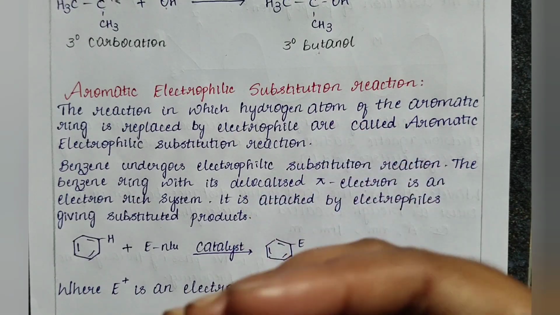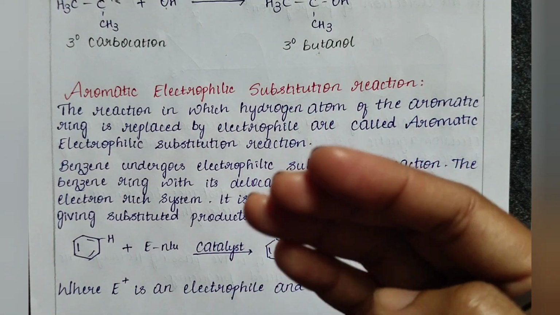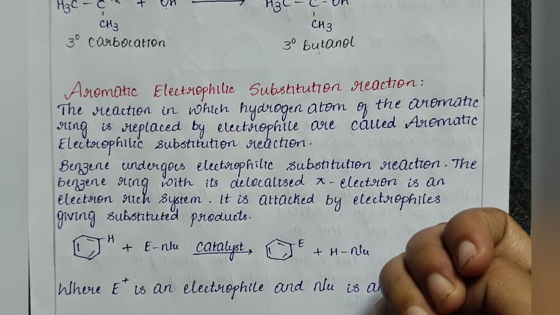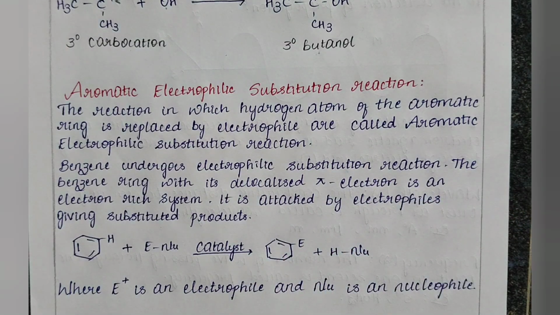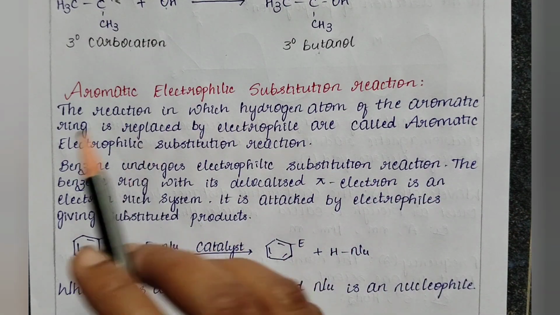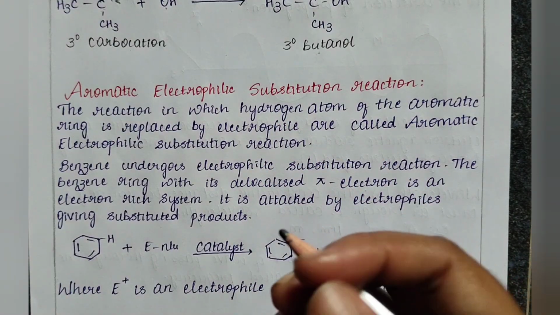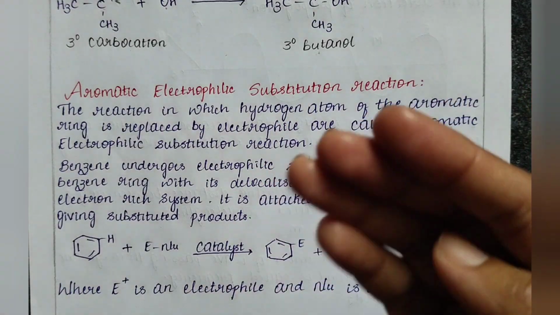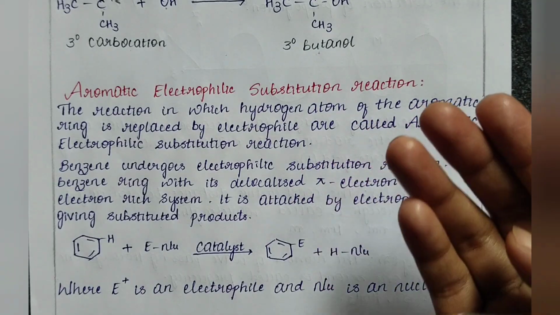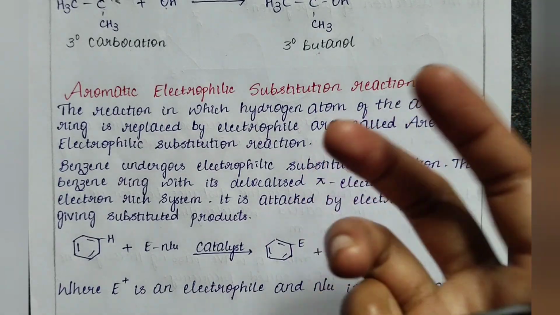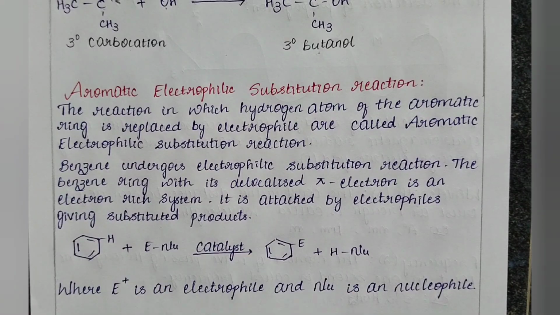The name literally means electron loving. Because of this, electrophiles are attracted to electron rich species. Since we know aromatic compounds are usually electron rich species, they can easily donate their electrons to electrophilic molecules or atoms, and electrophiles are those which can attract those electrons and form a new bond.